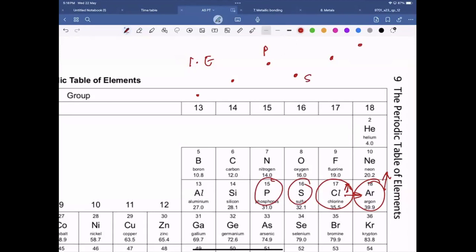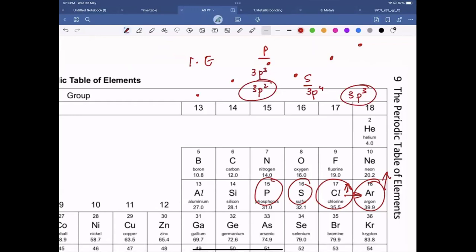So the first ionization energy of sulfur is always lower than phosphorus. But see, they are in the same period. Phosphorus has 3p3 and sulfur has 3p4. But when the first electron has been removed, sulfur becomes 3p3 and the second electron comes from 3p2 to 3p3 configuration change. So again, in the same subshell and the same shell, it doesn't make sulfur's ionization energy higher than that of phosphorus.